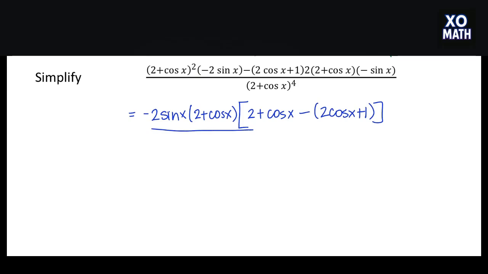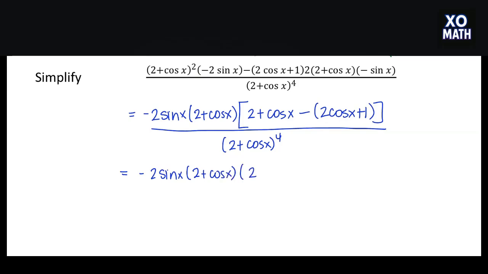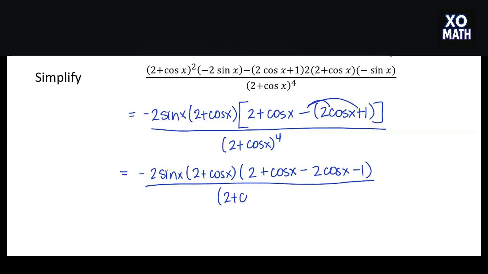And then this is still all over the quantity 2 plus cosine x to the 4th. So I have negative 2 sine x times the quantity 2 plus cosine x times the quantity 2 plus cosine x minus 2 cosine x minus 1 after distributing the negative, and then all over 2 plus cosine x to the 4th.